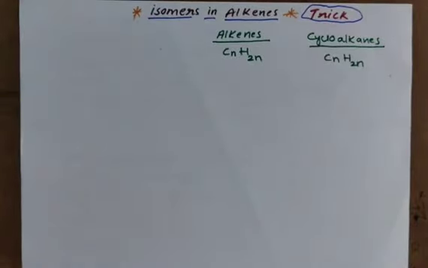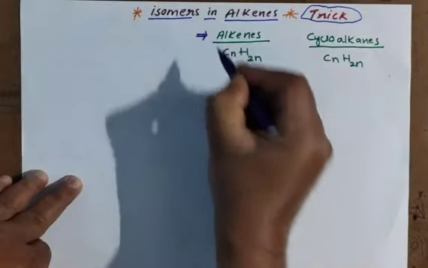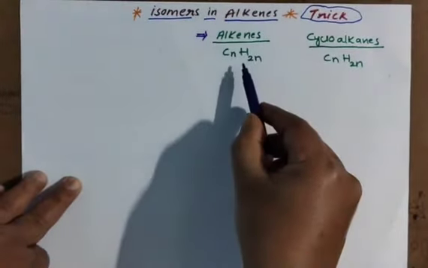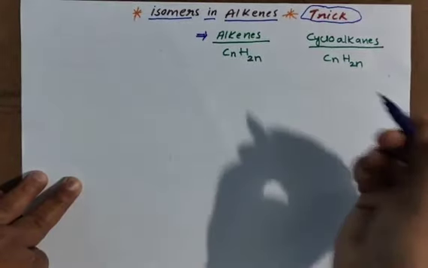Alkenes and cycloalkanes have the same general formula. That's why these are isomers. So alkenes and cycloalkanes are isomers.